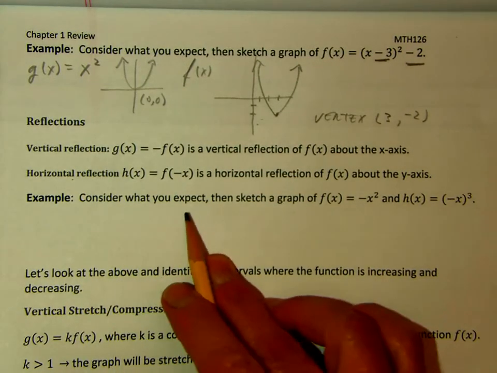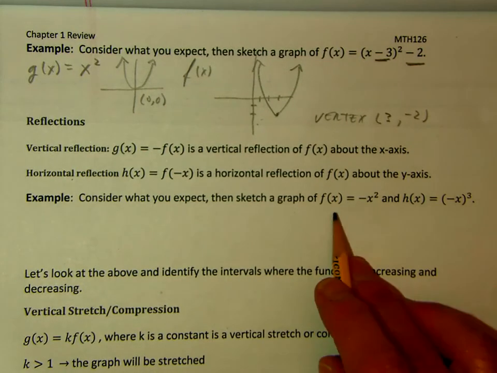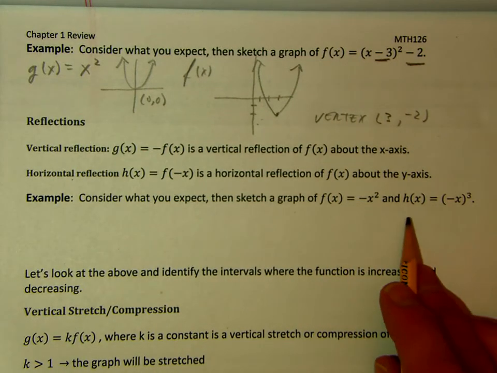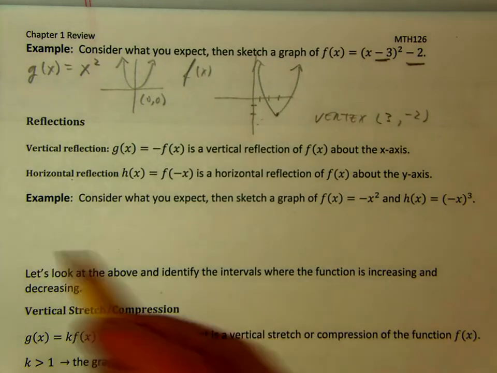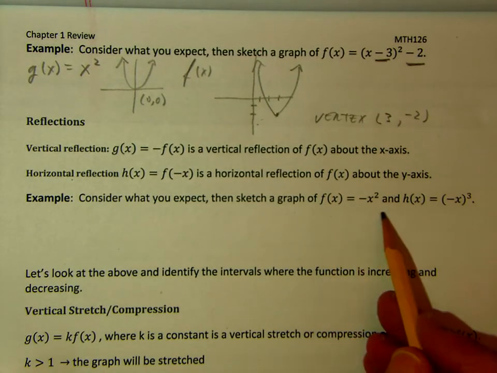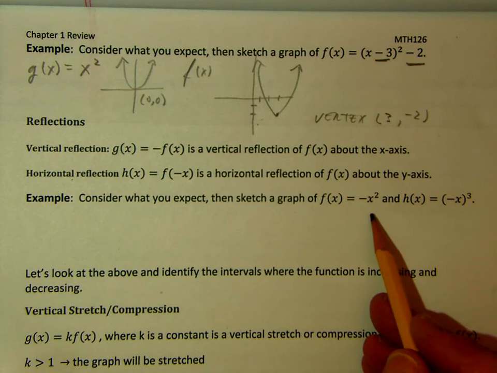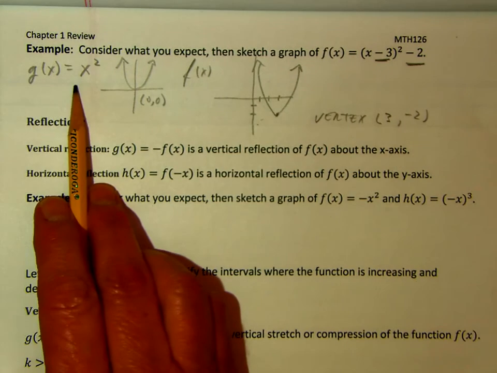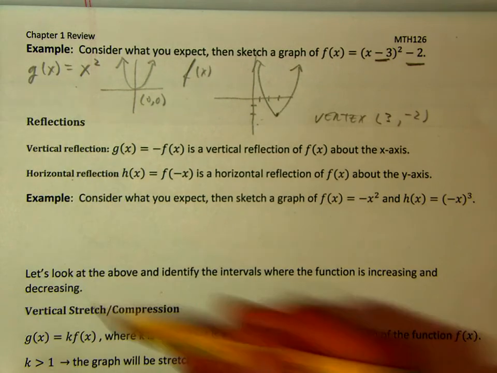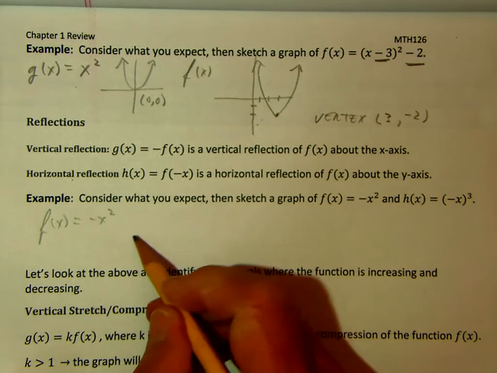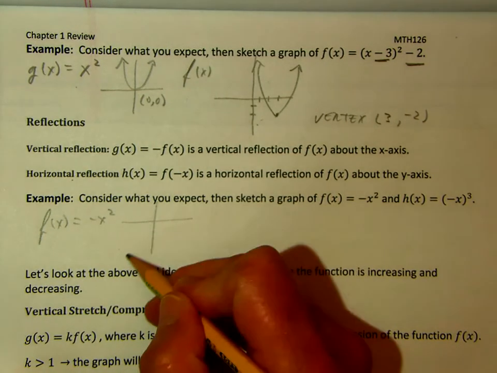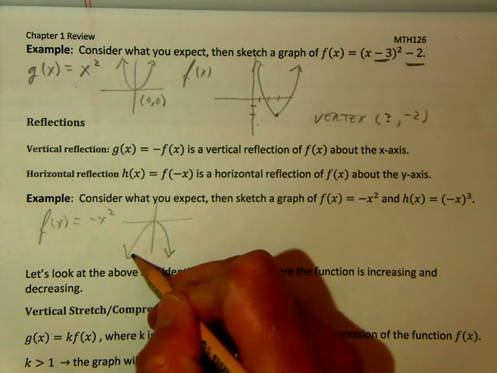Let's consider what we expect and then sketch a graph of f of x equals negative x squared and h of x equals negative x cubed. So I can see that this f of x is a vertical reflection of our toolkit function. So I expect it will look something like this.